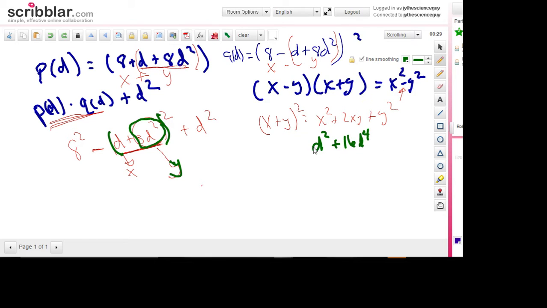Okay. So I take x times y, which is d to the 3rd times 2. So this is d to the 3rd times 2, which is 16. And then I have to square it. So this is going to be plus d to the 4.